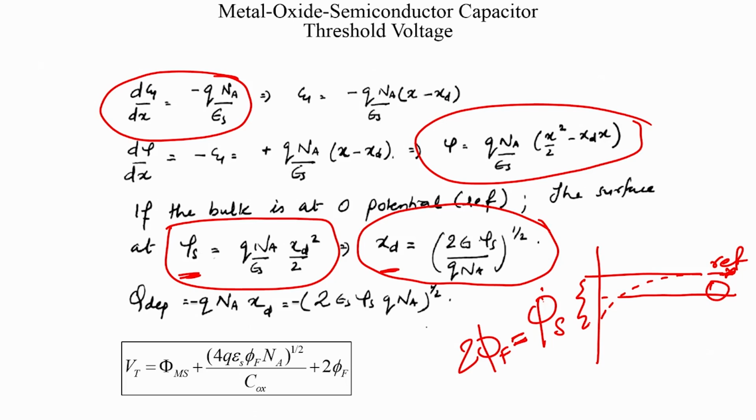But as I mentioned, after inversion the surface potential is more or less pinned; the bands are not going to bend too much more. Therefore, you can now say the threshold voltage is VFB, which is now written out as phi ms, plus Q depletion by Cox, because now we have taken into account XD.